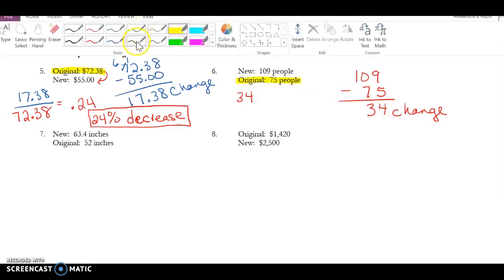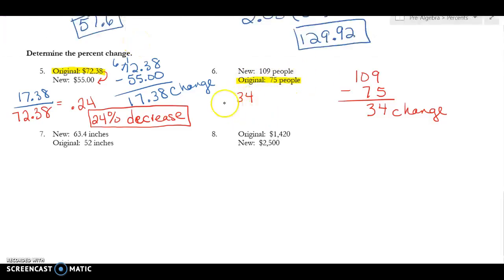I'm going to be dividing by 75 for this one. It's not the top number. It's not always about location. You have to actually read the problem. So now I'm going to do 34 divided by 75. And my calculator tells me it's 0.453. So I'm just going to keep that as 45%. And now I had my original. I was at 75 and I went to 109. That's an increase. So it's a 45% increase.